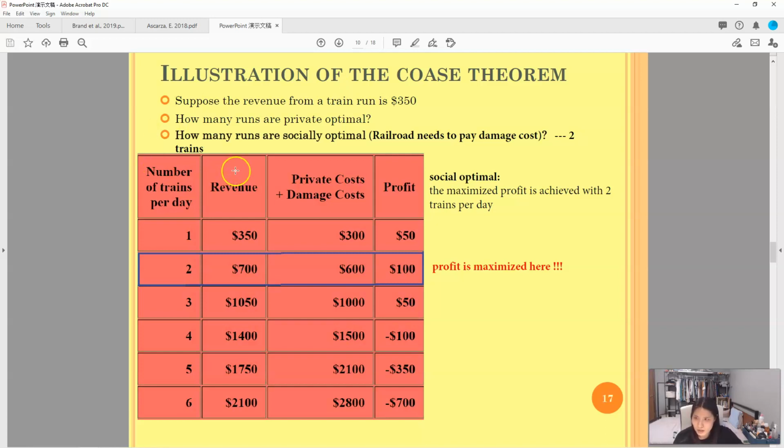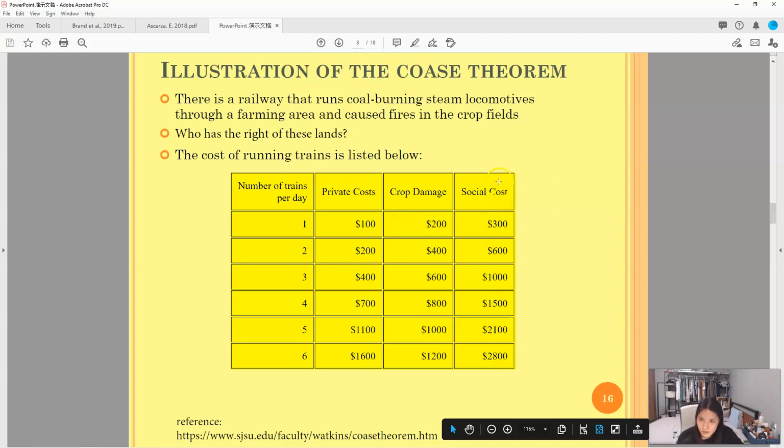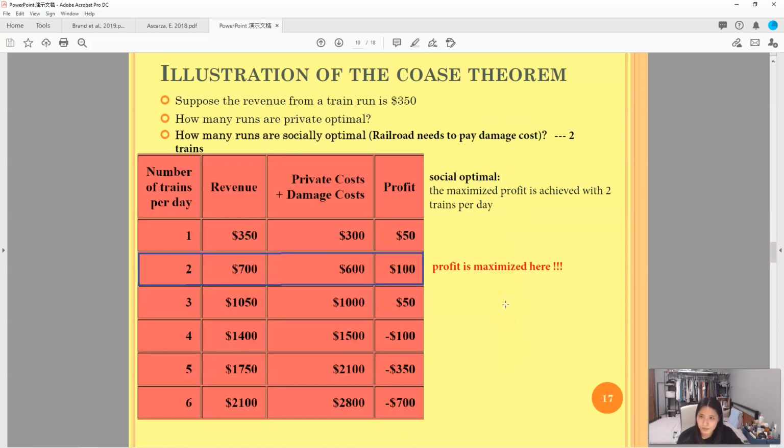So in this case, the railroad's cost is the sum of private costs and damage costs, which is exactly the same as the social cost. The revenue is still the revenue, it does not change. Again, we need to find the largest number below the profit column, which is 100. And the corresponding number of trains per day is 2 trains.